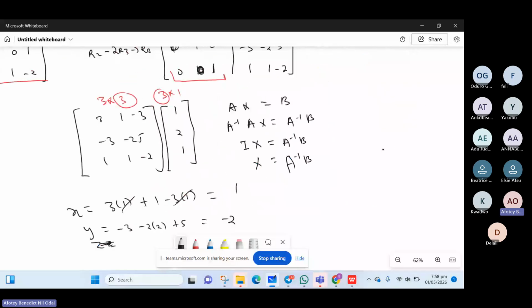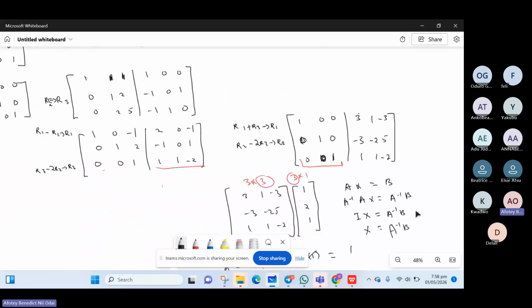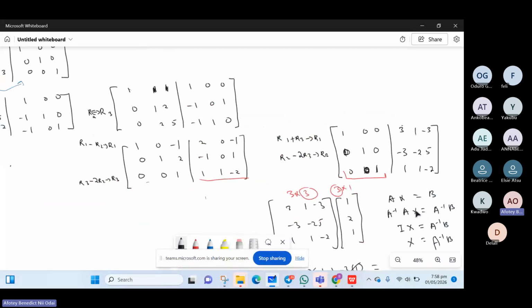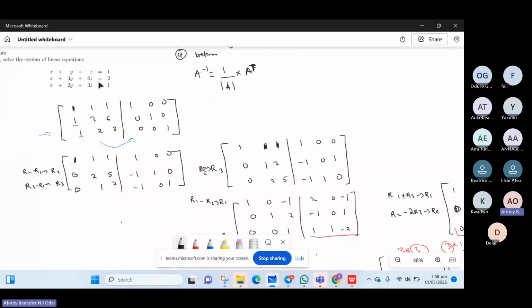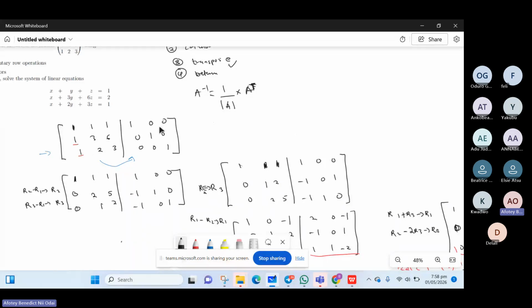Okay. So let's have a recap of what we've done. We've solved the inverse using the elementary row operations. So we started with a matrix of this format, and we basically performed Gauss-Jordan elimination on the left-hand side, where our final matrix becomes the form of an identity matrix.